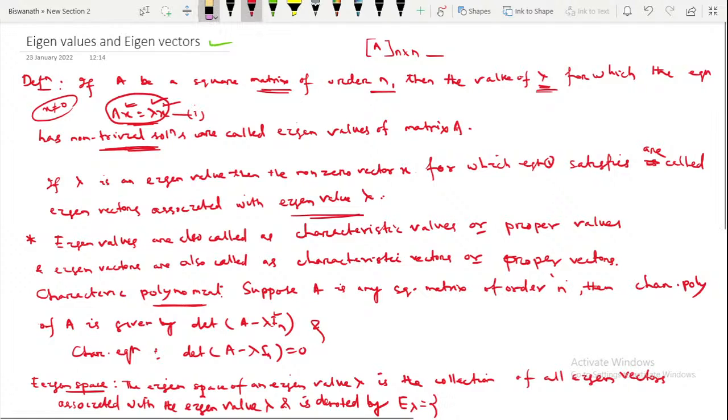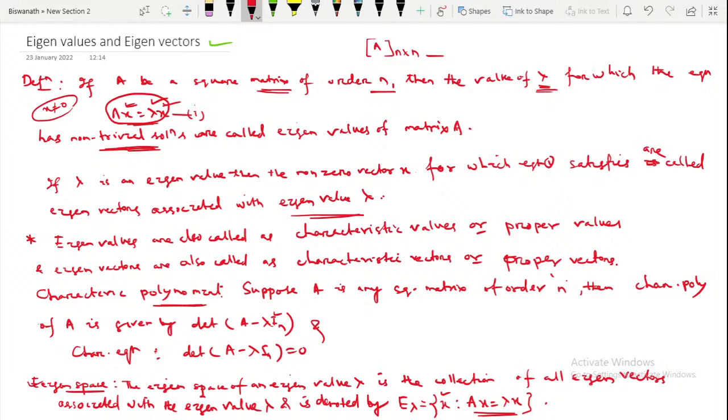So we can write E lambda is equal to those x such that A into x is equal to lambda x. That means this is the collection of all eigenvectors x which satisfy Ax equal to lambda x. So this is the definition of eigenspace.